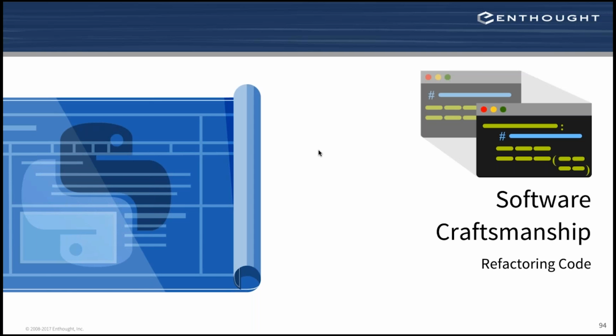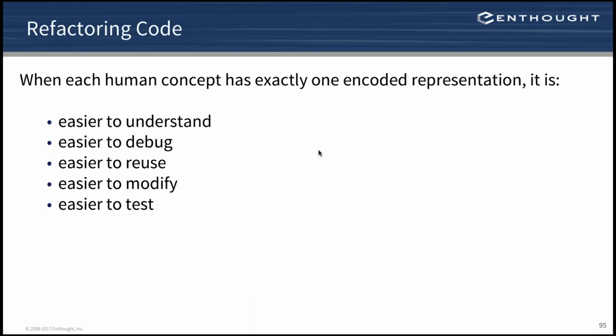Refactoring: you're writing your code and then you've got a function that does 14 things, and that's not going to be understandable to anyone else or to you later. So there are these disciplines, these principles that people have developed, that really help you make code that's more maintainable, easier to understand, debug, reuse, modify, and test.